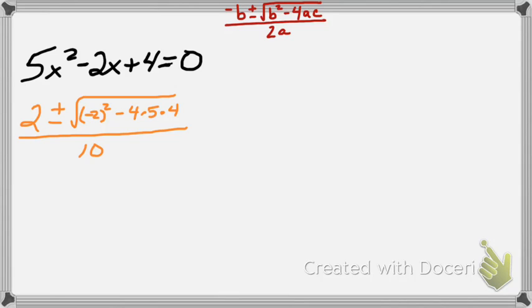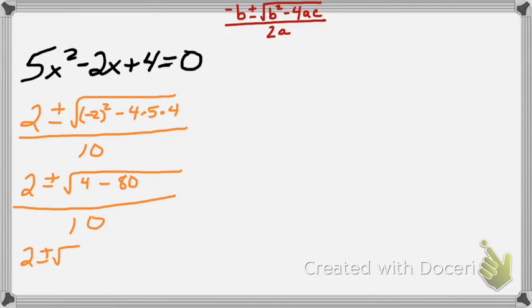So then we have 2 plus or minus root 4 minus 80 over 10, which means that our discriminant is negative 76.